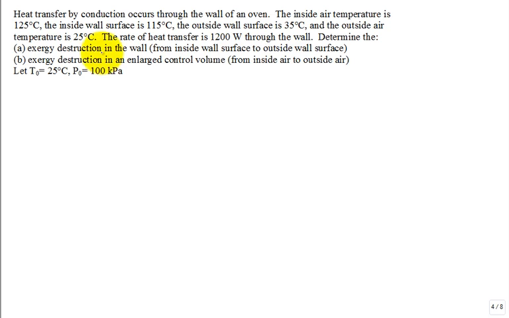So we have a wall in which heat conduction occurs, and the wall is the wall of an oven, and it has an inside side and an outside side, and it has air on the inside, and we're going to say it's very hot. It's 125 degrees C. The inside air temperature is hot.